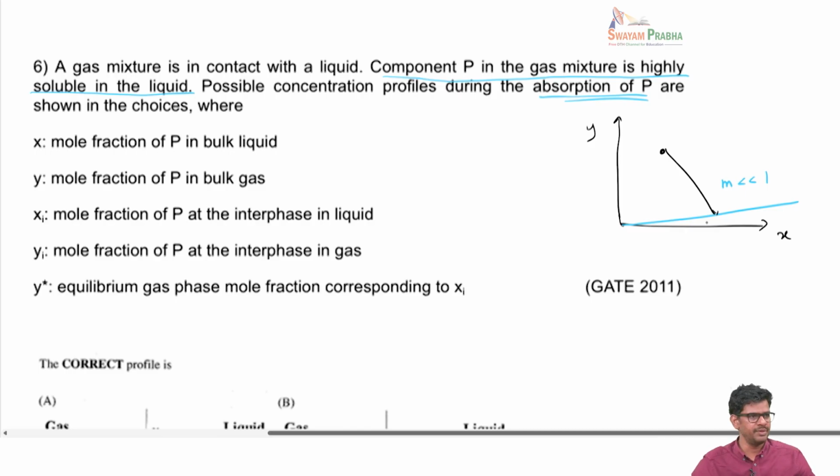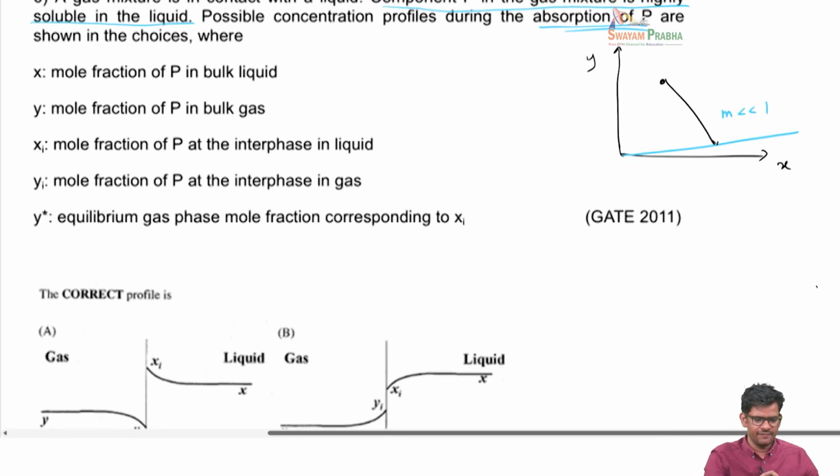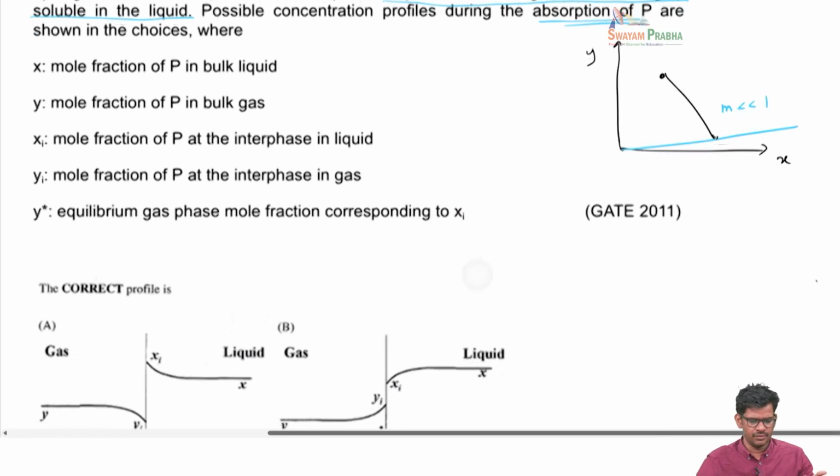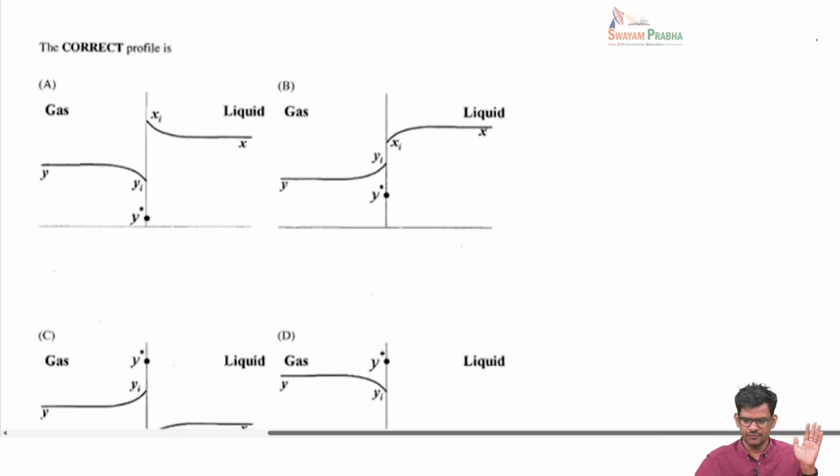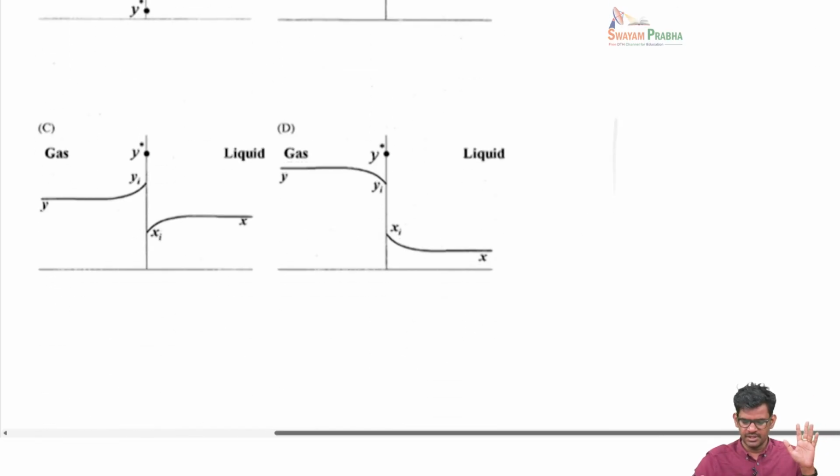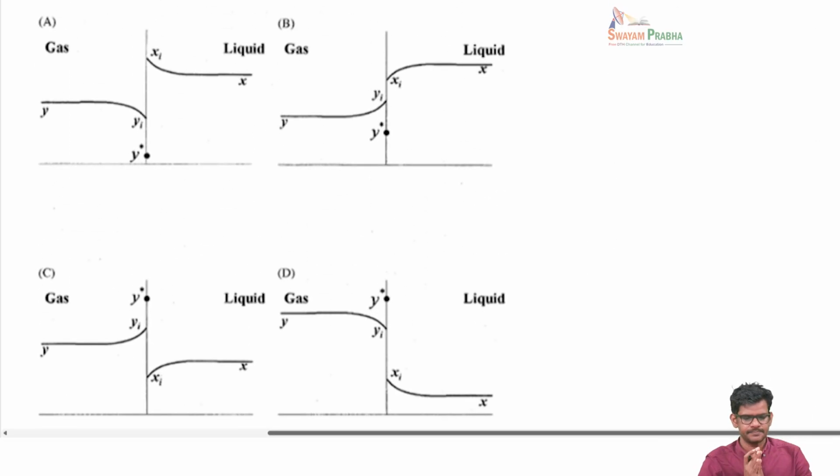If it had been stripping, the bulk concentration should be below the line, and the interfacial concentration will be going upwards. So the direction is also important. These are definitions: x, y we know, xi, yi we know, the equilibrium line we also know. So the question is, for this particular problem, what would be the right answer?